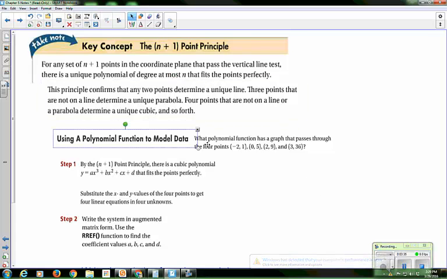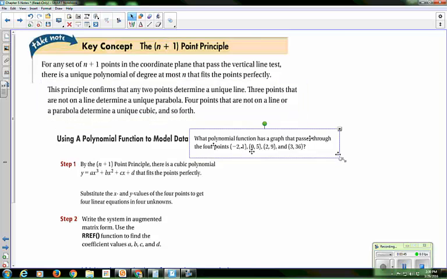All right, so let's look at using a polynomial function to model data. What polynomial function has a graph that passes through the 4 points (-2, 1), (0, 5), (2, 9), and (3, 36)? If we use the n+1 point principle, we have 4 points, so that would mean this is a cubic, power 3.